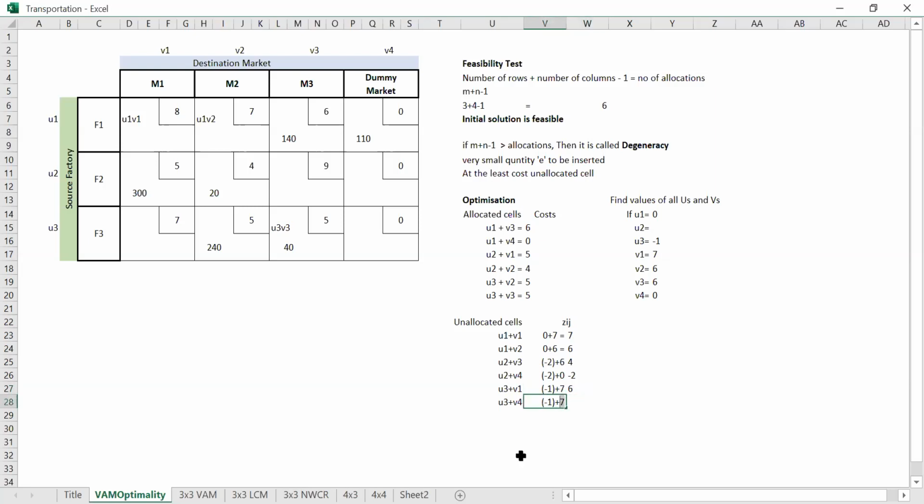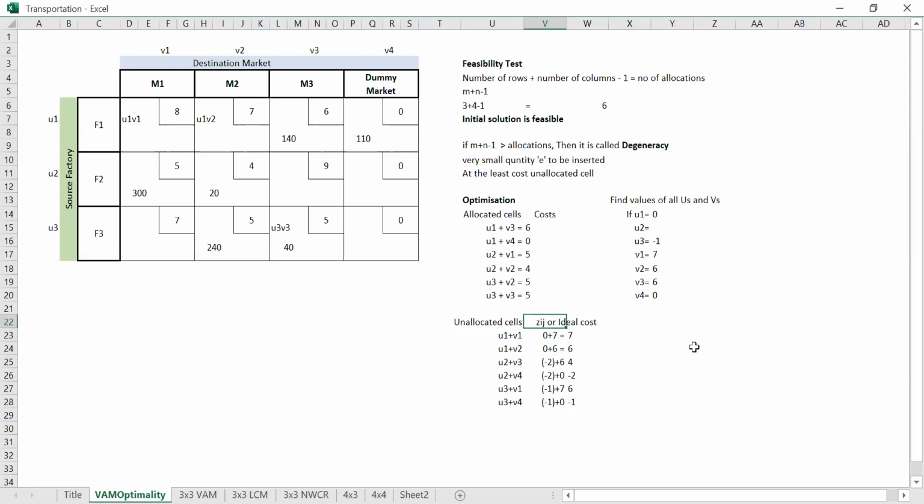Then U3 is minus 1 and V4 is 0, so minus 1. I'll ignore this error. So now we have the values of Zij, or the ideal cost for these cells.